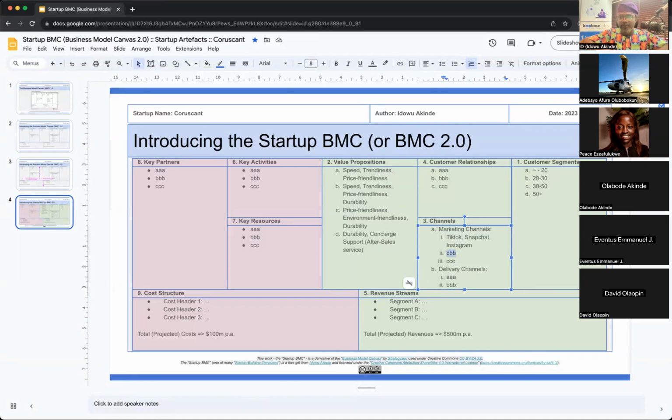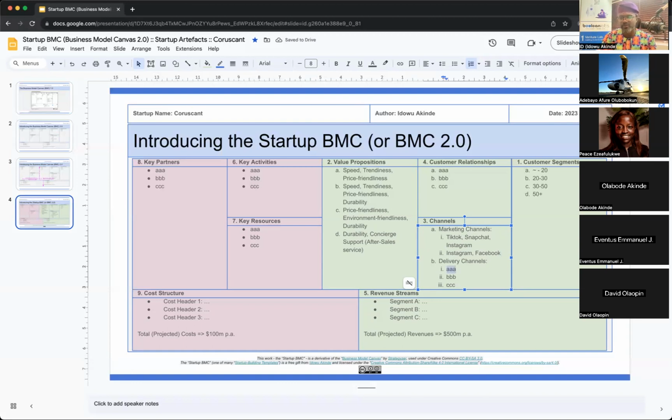Awesome. For those in the 20 to 30 bracket, what do you think? Instagram and Facebook, maybe. You may not find them on TikTok, especially those in their late 20s. So I'm just going to stop at 3 here because I don't want us to exceed all of the space. We can just imagine what the rest will be.